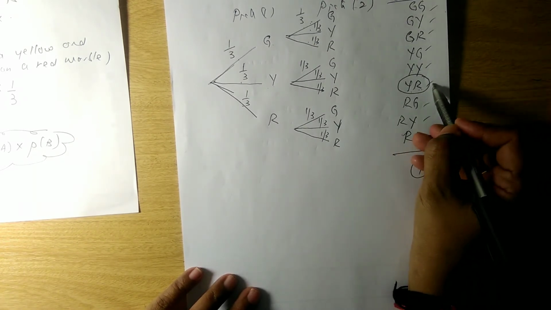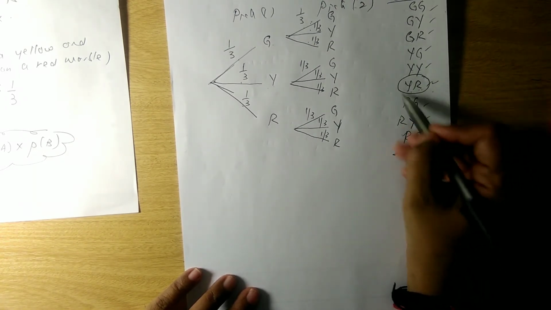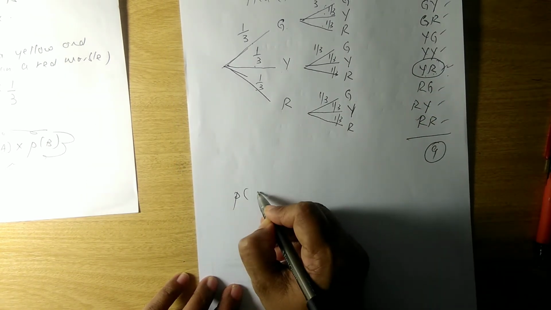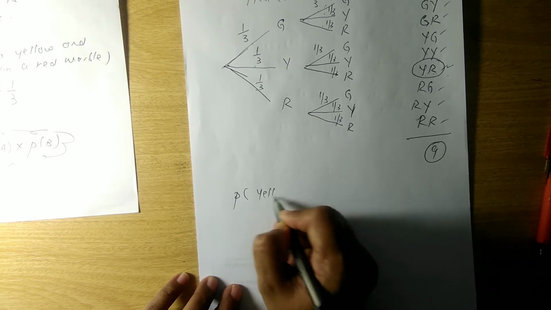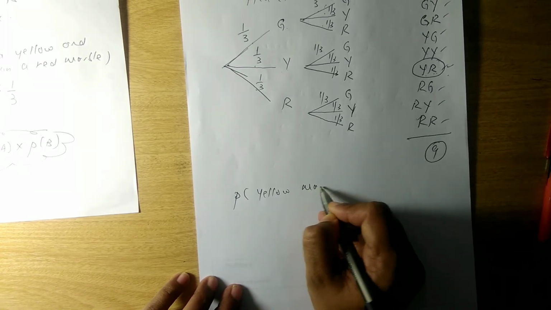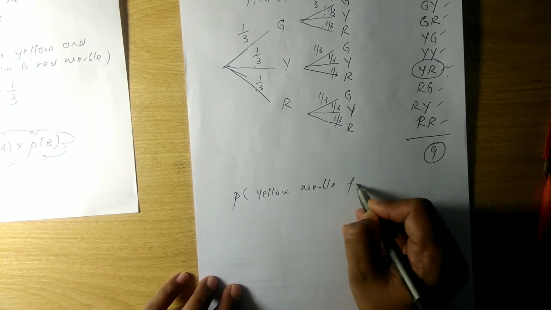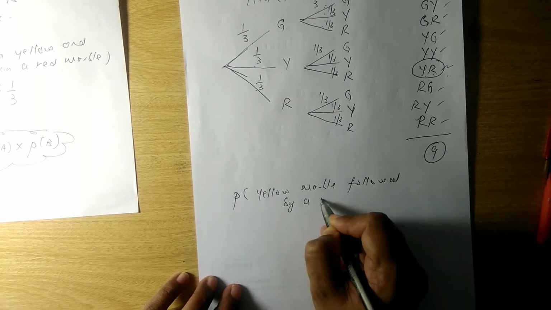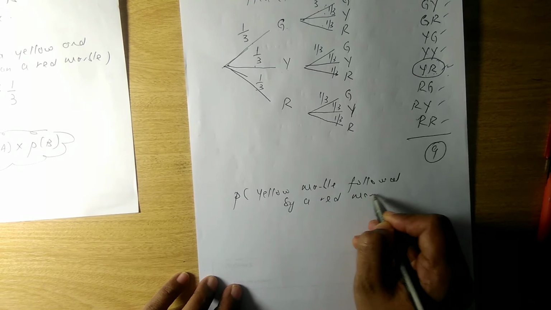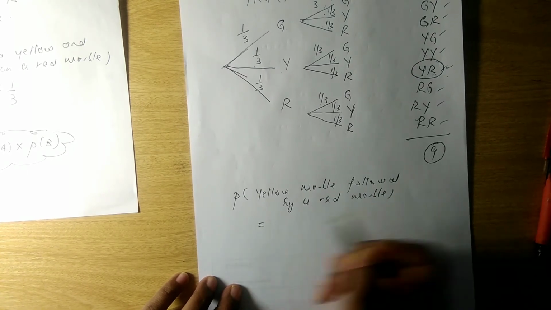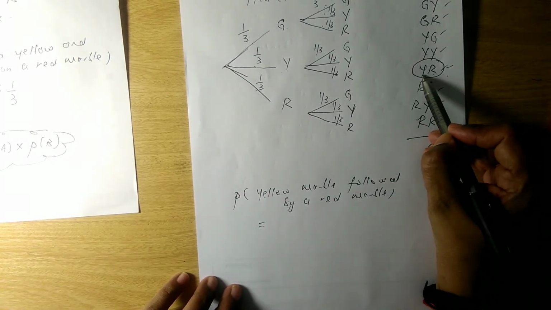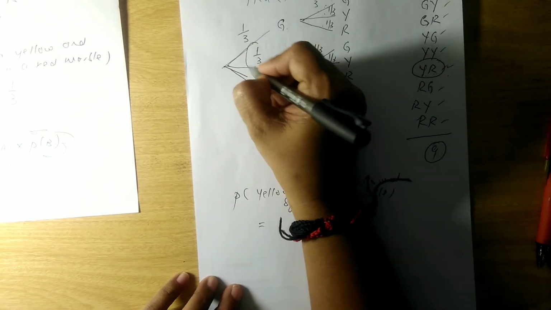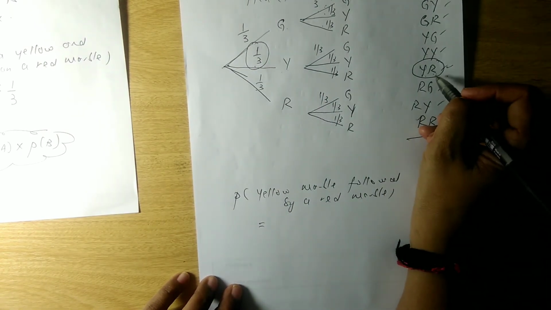Now if I'm looking at yellow followed by red, using this as my method of solving, the probability of picking a yellow marble followed by a red marble is 1/3 for yellow here, and the red marble from here is also 1/3.